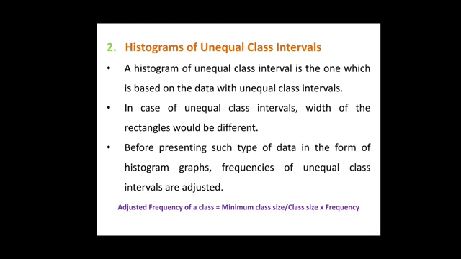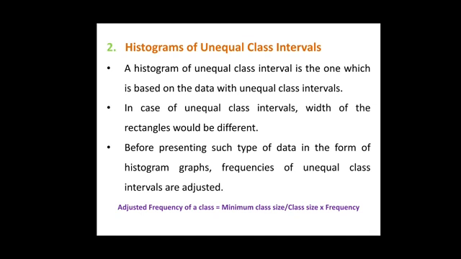When class intervals of a statistical series are unequal, both width and height of the rectangles would be different. The width of rectangles would increase or decrease depending upon the increase or decrease in the size of the class interval.